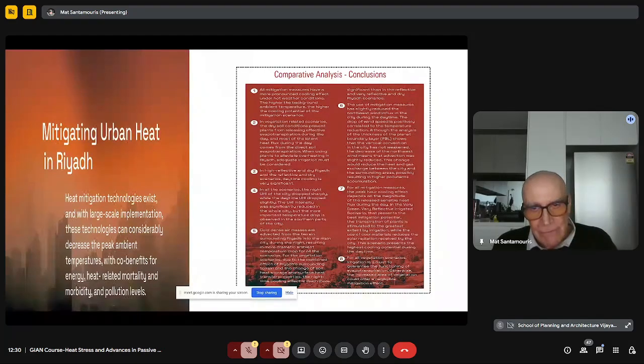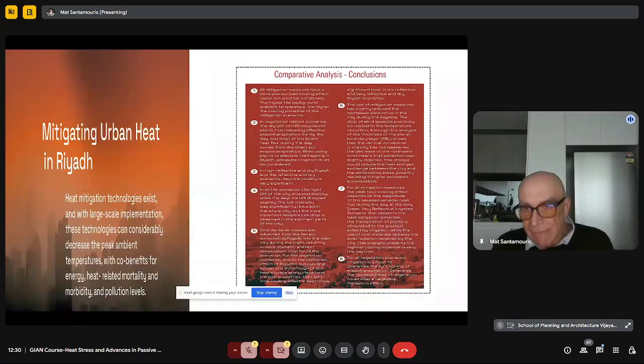The night decrease of the temperature of the urban heat island was really important, and it can help a lot.